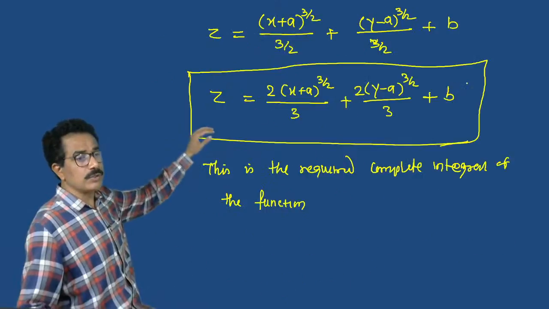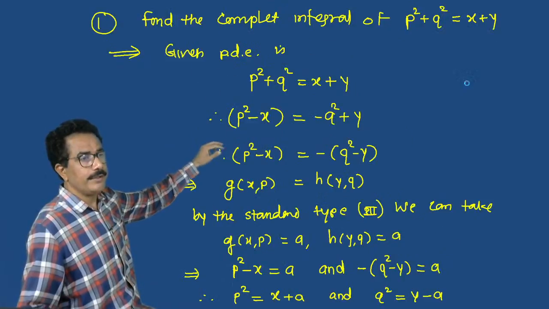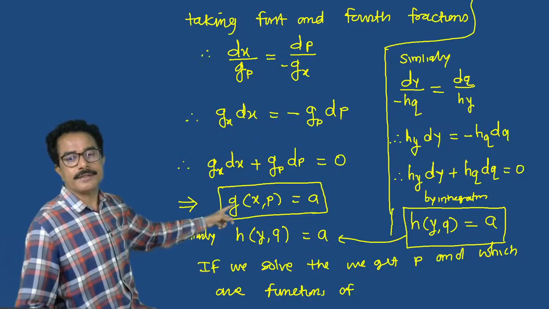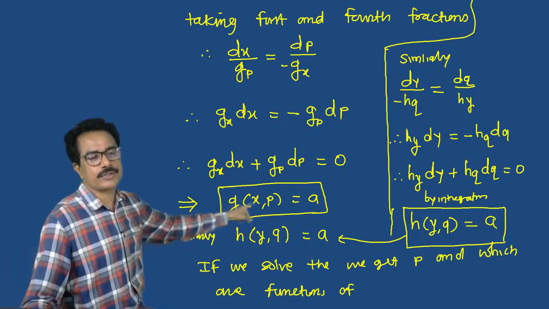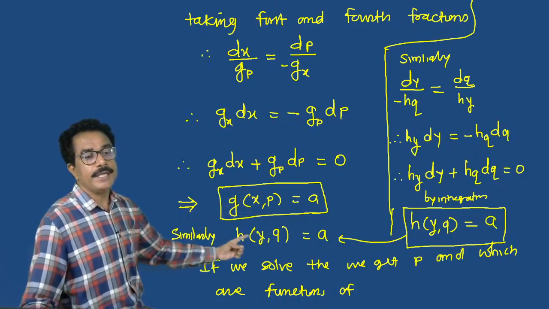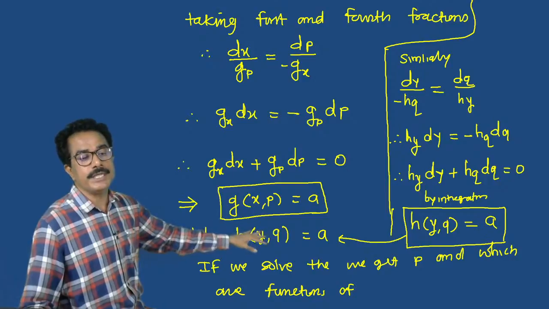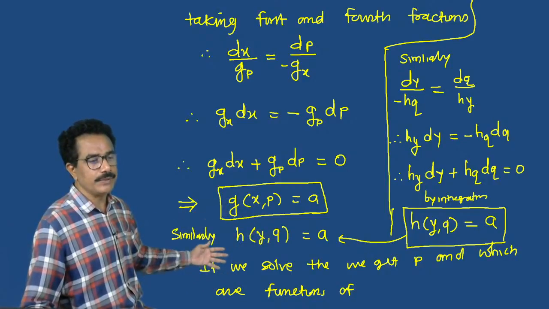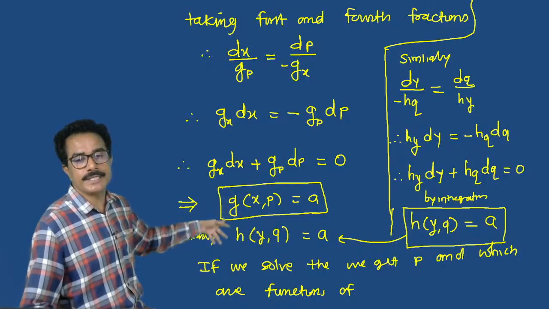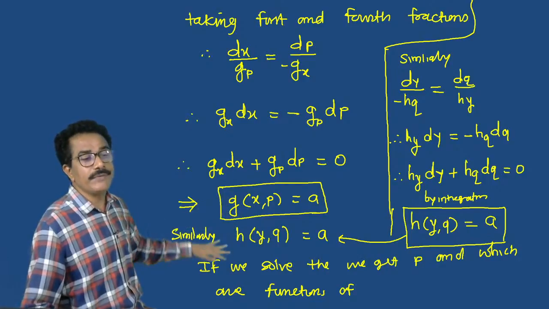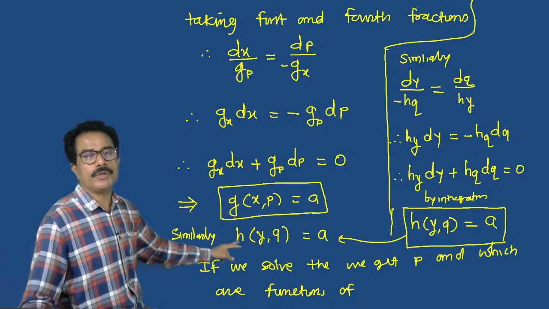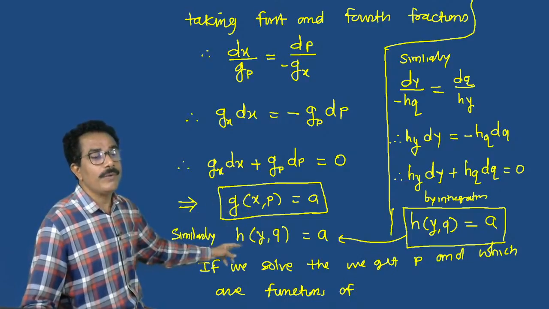See this, according to this theorem, after solving these two, g of x comma p in terms of a and h of y comma q in terms of a, if we solve these two relations separately, then we will get the value of p in terms of x and a, and the value of q in terms of y and a.